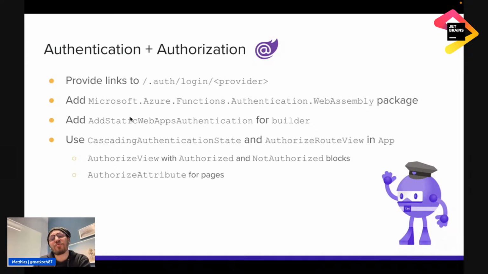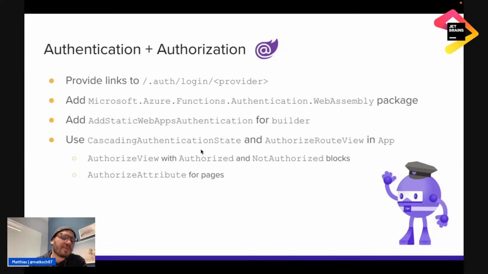To make things work, we also need to add this call to our builder in program.cs usually. And from then on, that is one thing that we also need to do one time, to add a cascading authentication state component around our app, plus authorize route view in app.